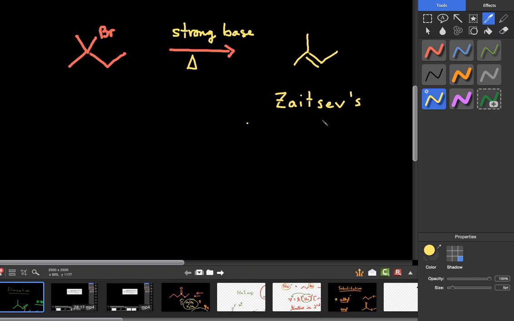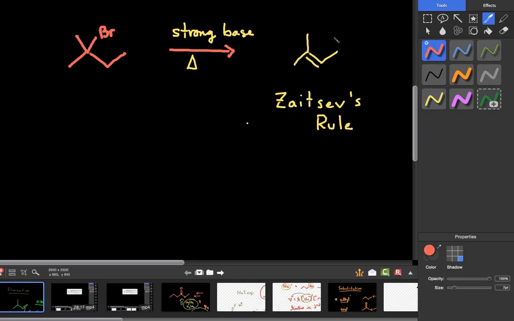And Zaitsev's rule is governed by the same stability criteria that Markovnikov's rule is governed by, and that's hyperconjugation. So the more internal double bond, the more alkyl groups that are attached to the carbons in the carbon-carbon double bond.